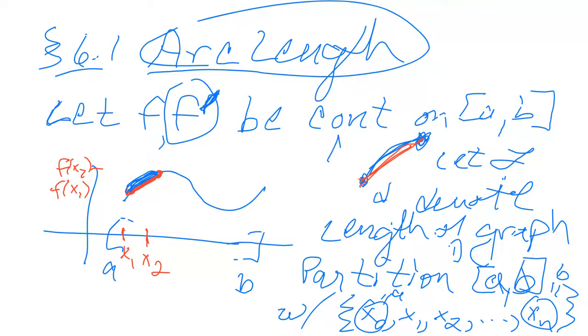So this is like delta L sub k. So the change in that, and what we can do is we can approximate it with delta y over delta x, right? Well, no, that's the slope. But this is a change in y. That's change in x.